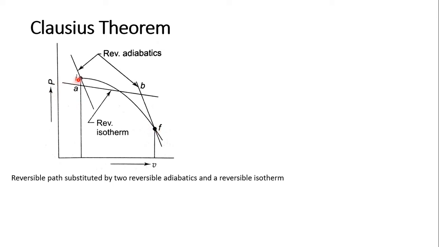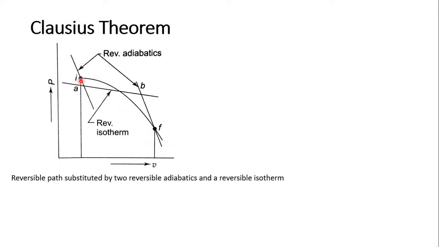So this path IF is a reversible path. Now I will draw two reversible adiabatics. Through point I I will draw a line IA, which is a reversible adiabatic, and from F, similarly, I will draw a line BF, which is also a reversible adiabatic.